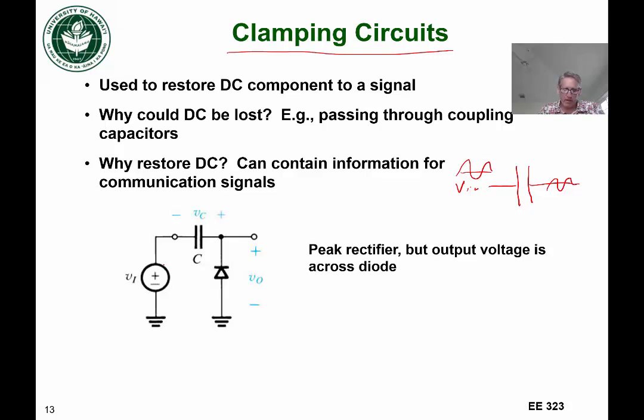It's very simple. You have your input value, which is the AC value without the DC, and you have a diode and a capacitor. And let's see what happens here. Intuitively, what should happen when our input goes low is that we're going to charge up the positive side of the capacitor through the diode because it will be forward biased.